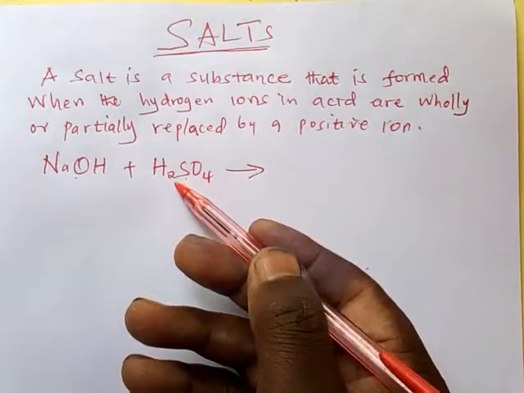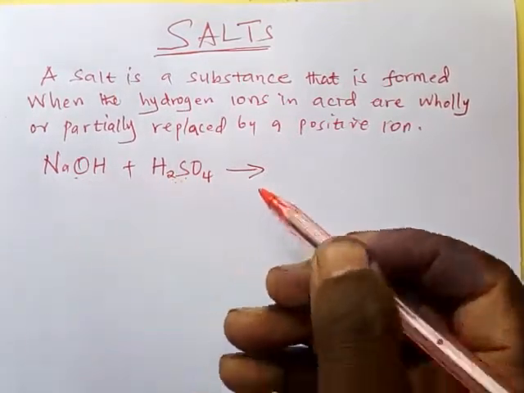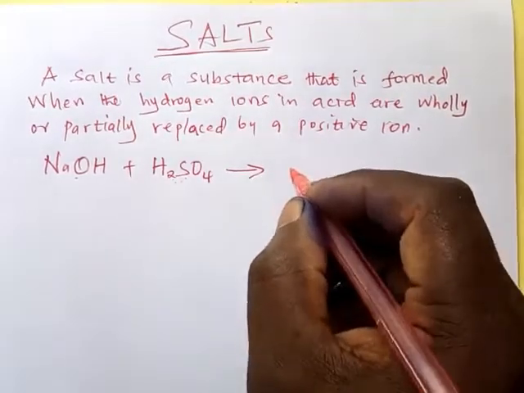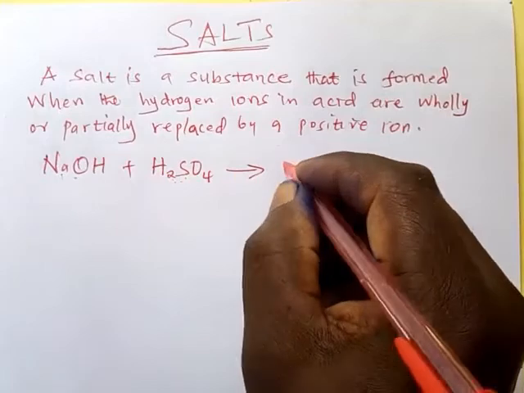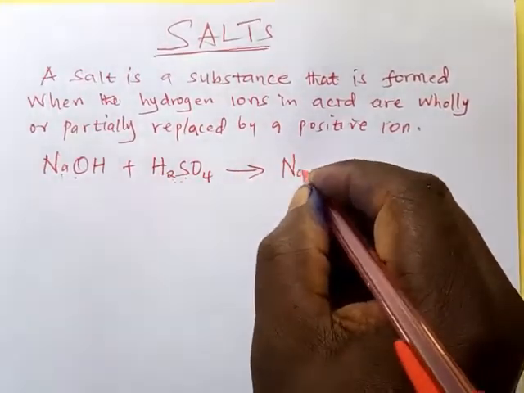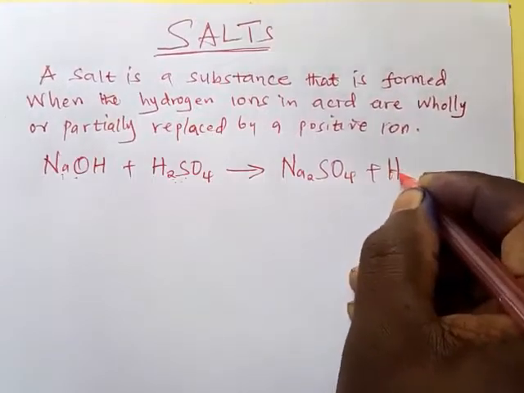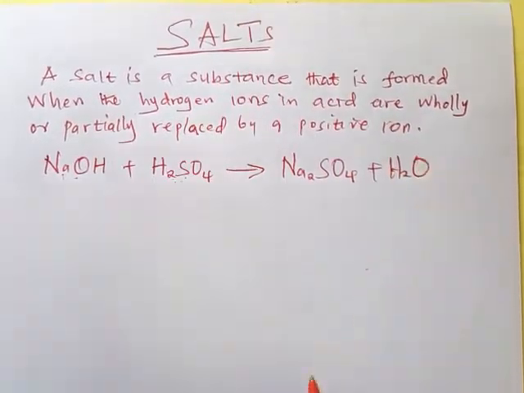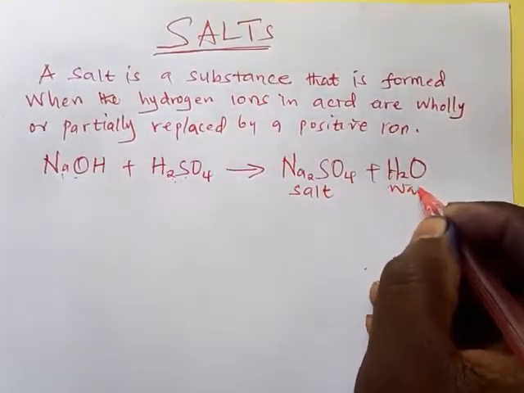What do we get? We get a salt plus water, neutral substances. Which salt do you expect here? It is sodium sulfate, plus water. This is a salt, and this is water.